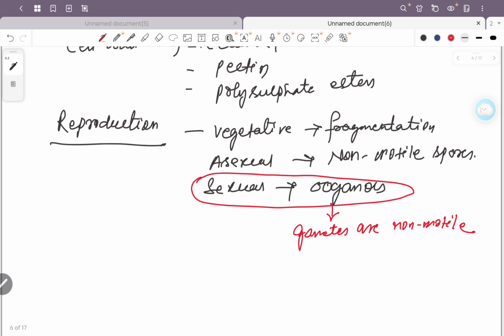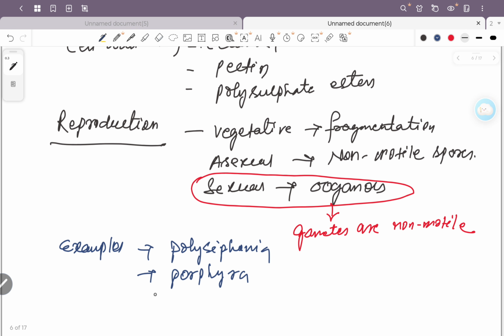Now come to the examples. The examples are Polysiphonia, Porphyra, Gracilaria.